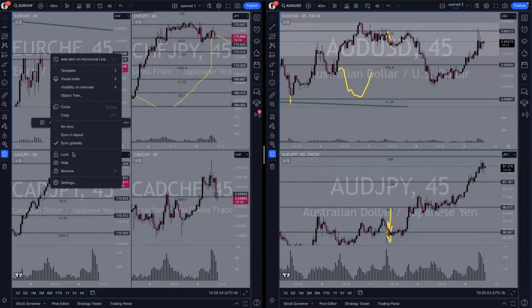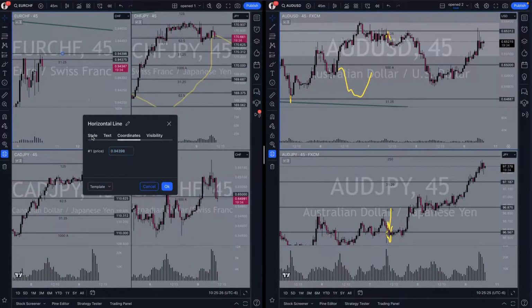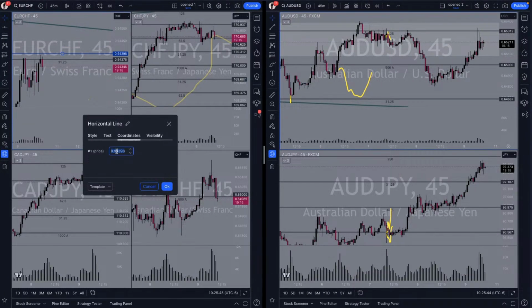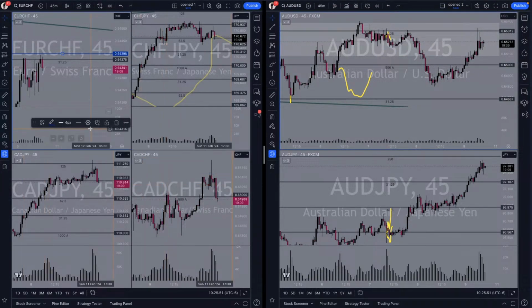The stop loss is at the blue line. Stop loss is at this thing right there.